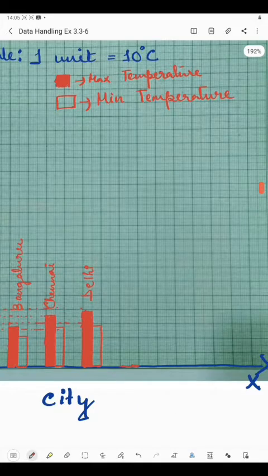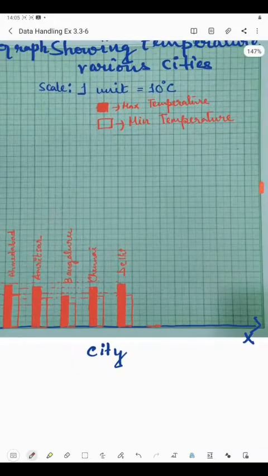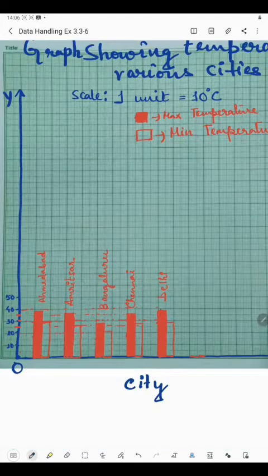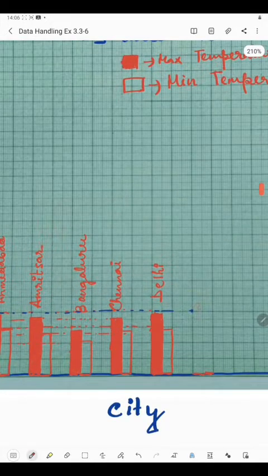in Jaipur. Now maximum temperature and minimum temperature of Jaipur is 39 and 29. Now here is 40. So 39 means 1 degree less than this. So it's here. Now we will have to shade this.